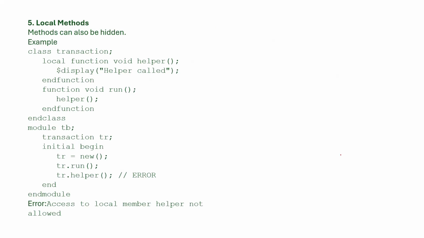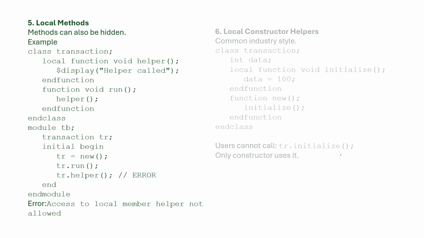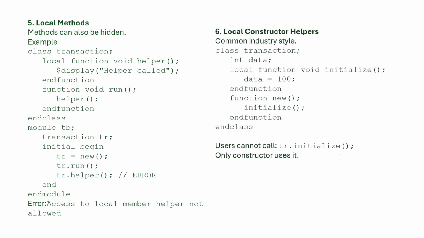Whatever we are using, we are calling the run method, I'm using the function void run. In that run we can call the helper. Helper is a local method written in your run function, and that run method we can call. So don't call it directly. That is the only theme here.